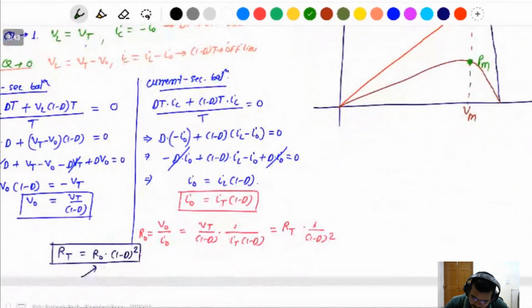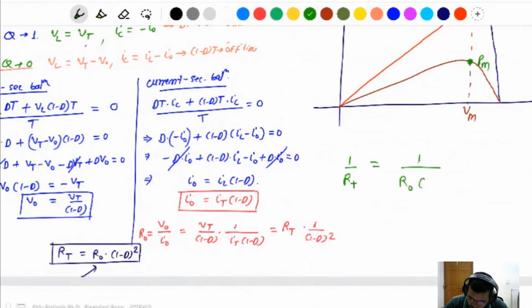You have RT, so you can define 1 by RT for the load matching. 1 by RT is equal to 1 divided by (R naught into (1 minus D) square). D should vary from 0 to 1 only.